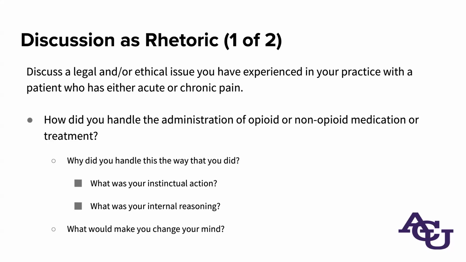Because we sometimes do have patients walk in who say, oh, my toe hurts. It's terrible. It's 10 out of 10. Morphine, please. And you're like, ah. So is there something about the timeliness or the person or other aspects that might affect that? And what would make you change your mind about this?